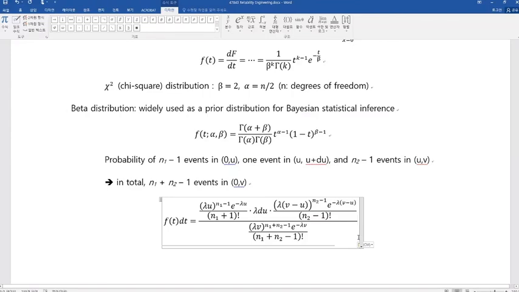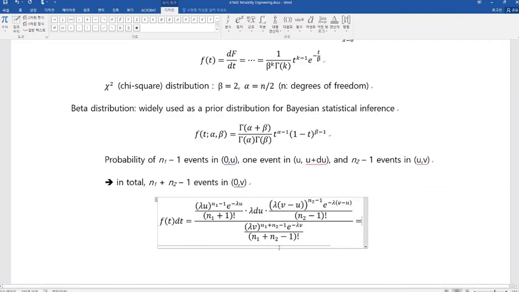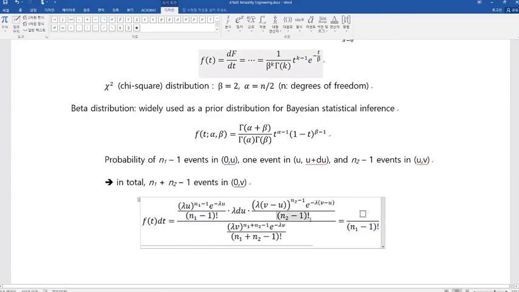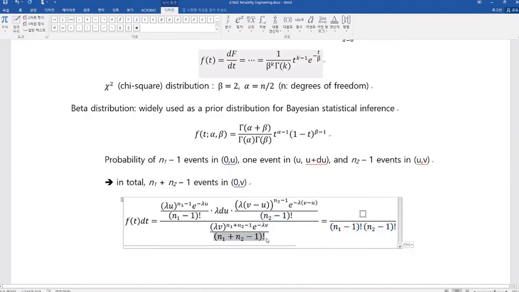So it is already very close to 5:45. This one can easily be simplified. I'm sorry, this one should also be n1 minus 1 factorial. So n1 minus 1 factorial, n2 minus 1 factorial, and this will be placed in the numerator.